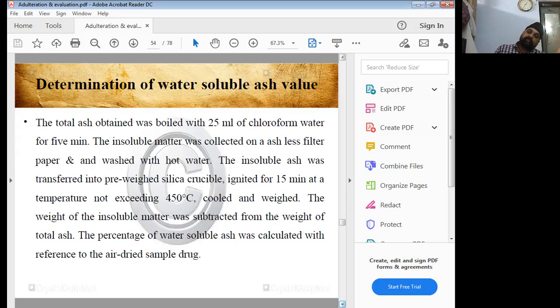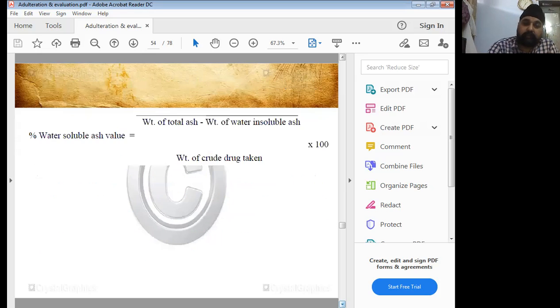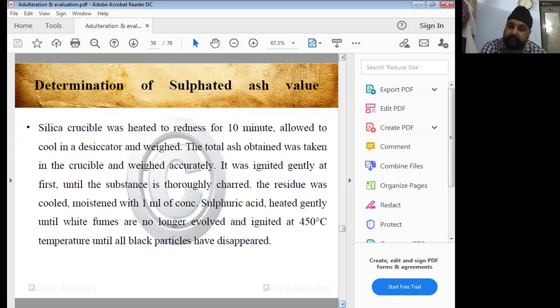Then the amount of acid insoluble ash is subtracted from the total ash, which gives us the value of water soluble ash. Using the formula, water soluble ash divided by weight of the crude drug, multiplied by 100, we can determine the water soluble ash.